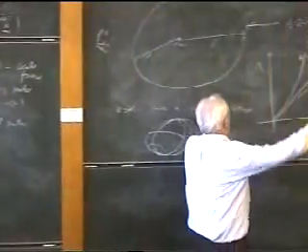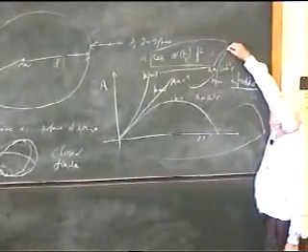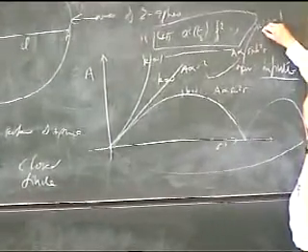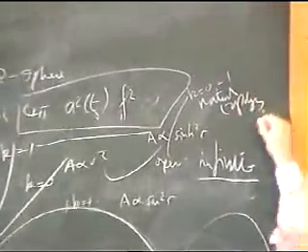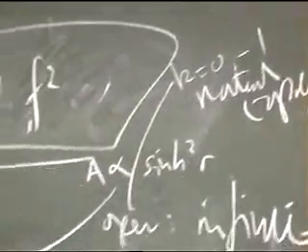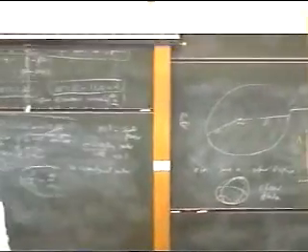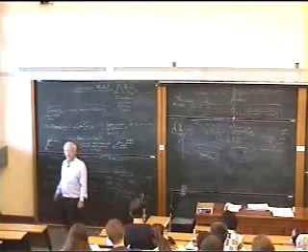Now, I need to add in a statement here that k is 0 and k is minus 1 are infinite in the natural topology, in the topology you first thought of. Euclidean space, if k is 0, this is in fact Euclidean space. And Euclidean space has a natural topology in which if you keep going that way, you just keep going forever. That's Euclidean topology.